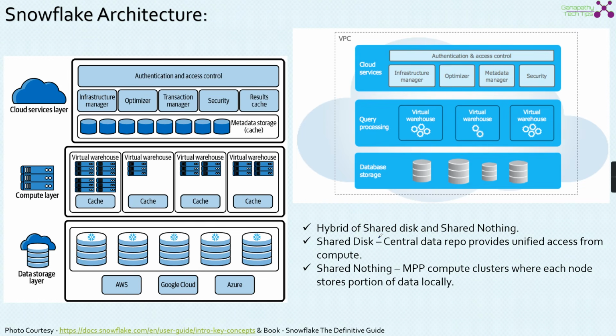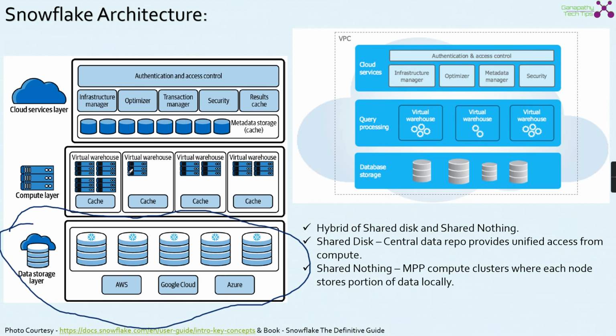Similar to shared disk, it provides a centralized data repository which provides unified access from compute, which is achieved using this data storage layer. At the bottom, if you can see, this data storage layer provides us the shared disk type of architecture.